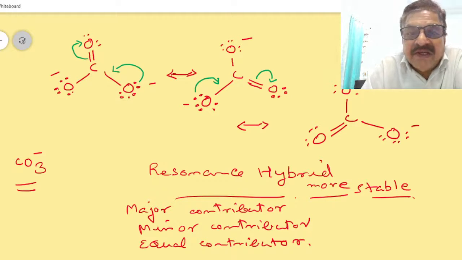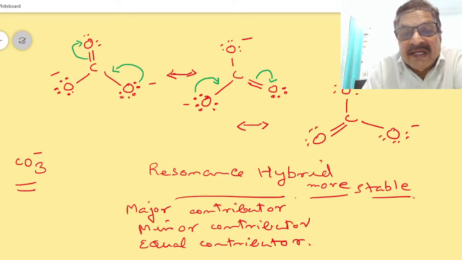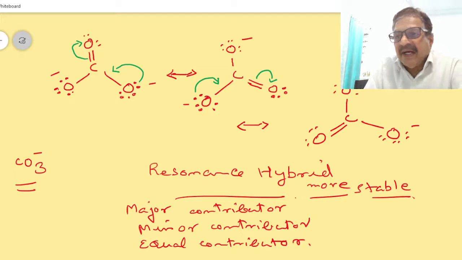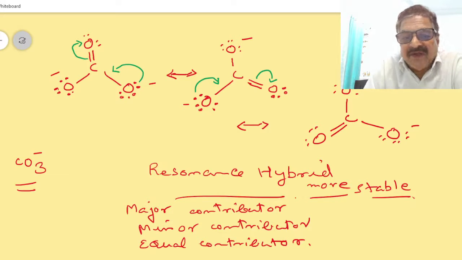In the case of this carbonate anion, we have seen that electron density is delocalized over a large volume. Therefore, the hybrid will be more stable. And there are 3 things: major contributor, minor contributor, equal contributor.